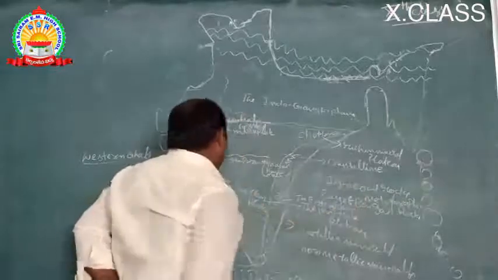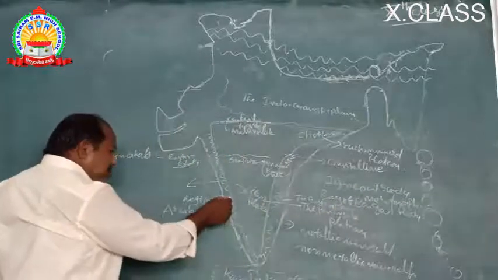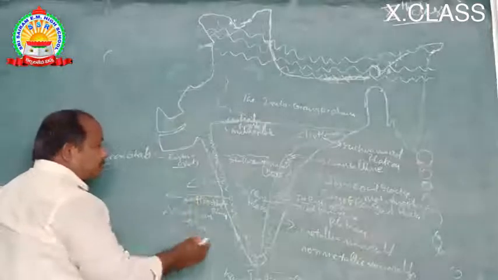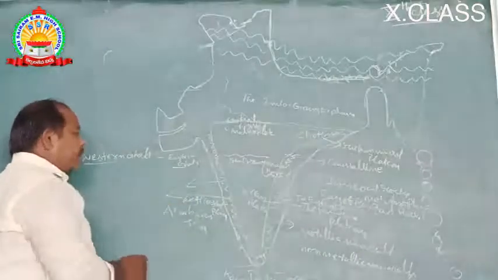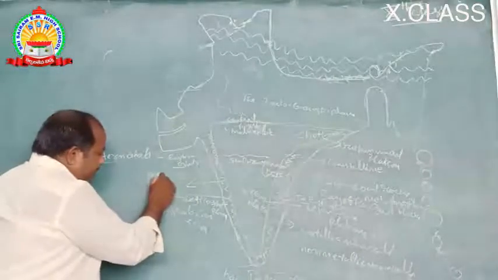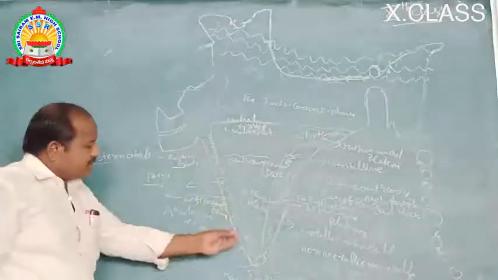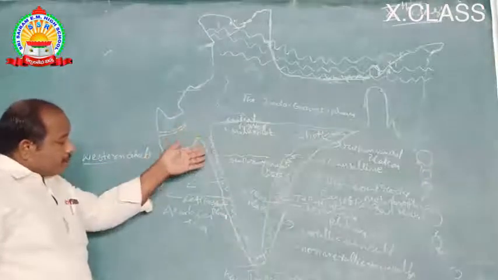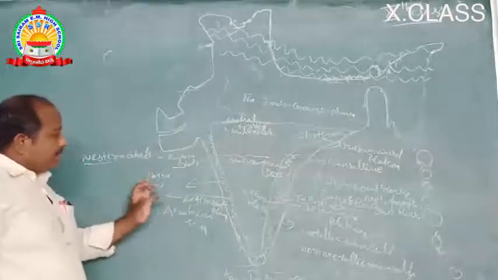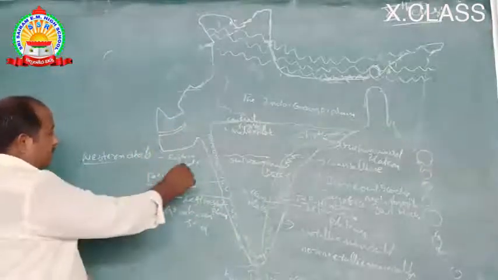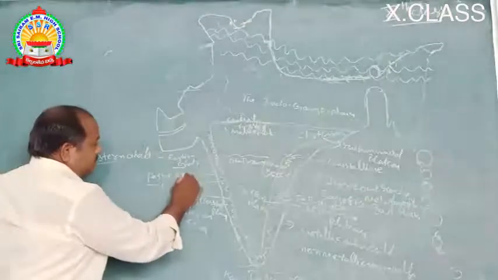The Western Ghats have only small passes, small gaps. These are continuous ranges from Maharashtra to Kanyakumari, extending continuously.